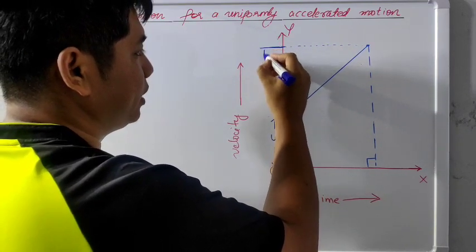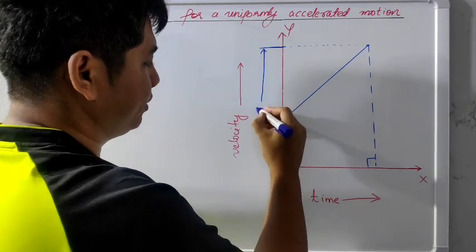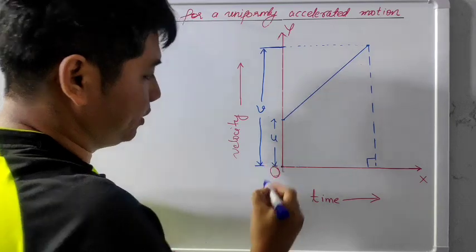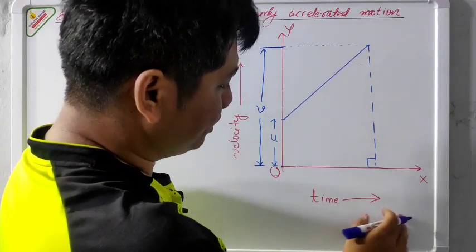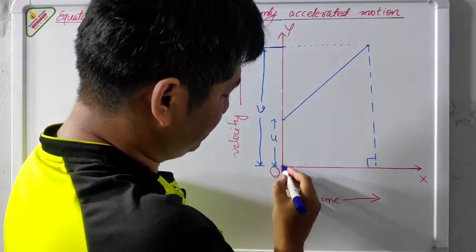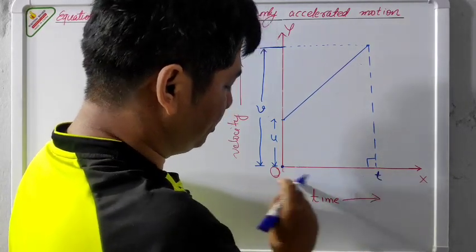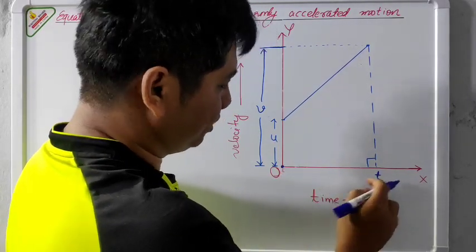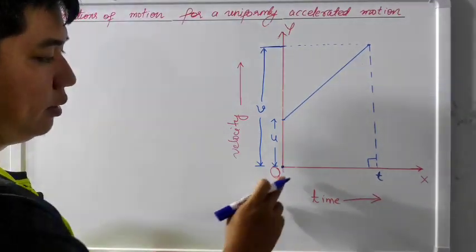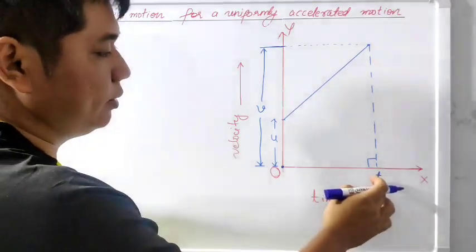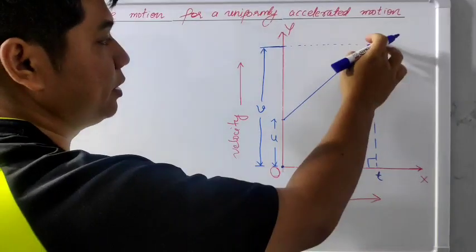So, the height of this point will be v. It is the final velocity. This is time t equals 0, and here time is t. At time equals 0, the velocity is u. At time equals t, the velocity becomes v.